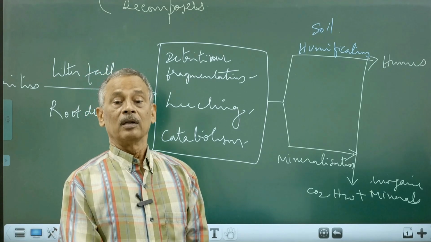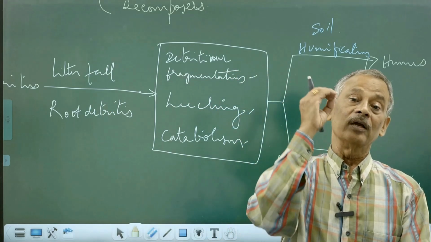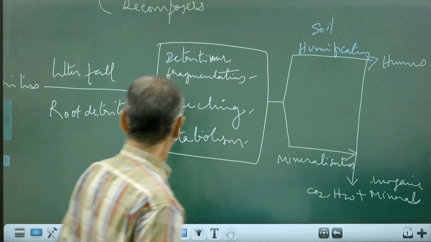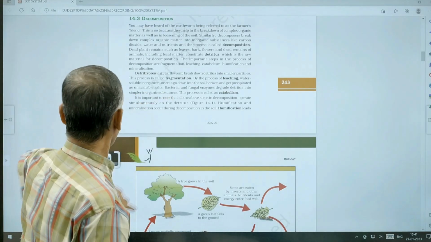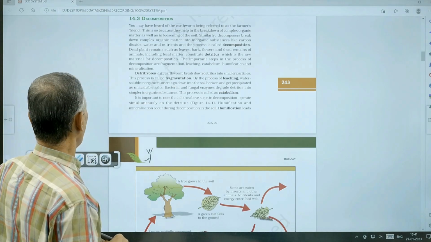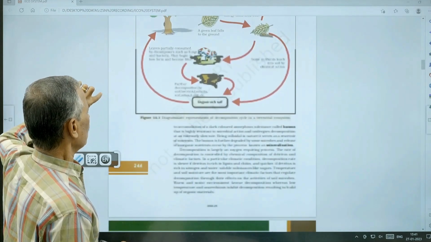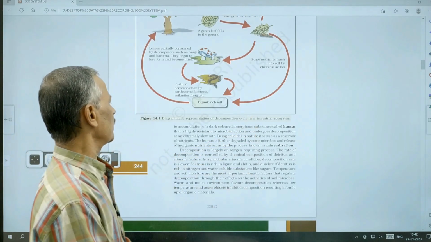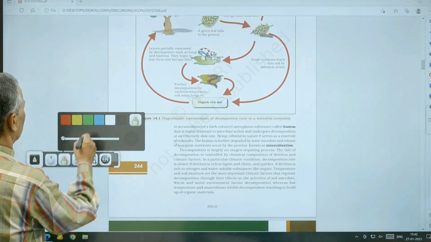Remember, decomposition is essentially an aerobic process. It requires oxygen, and the rate of decomposition also depends upon 2 important factors that control it.